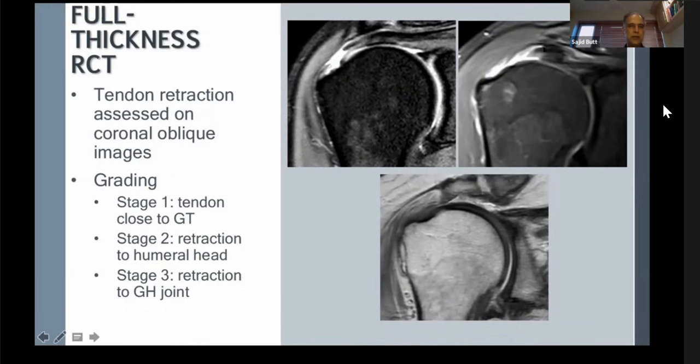If the retracted tendon is below the acromioclavicular joint, it is a stage 2. And if the retracted tendon is above the glenohumeral joint, it is a stage 3. Obviously, the bigger the stage, the worse the prognosis. So close to the greater tuberosity, below the AC joint, and above the glenohumeral joint, 1, 2, and 3.